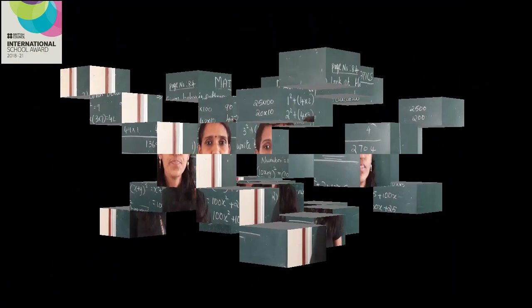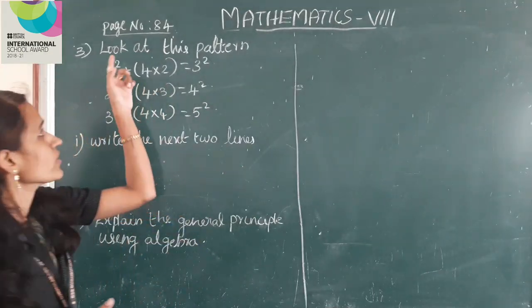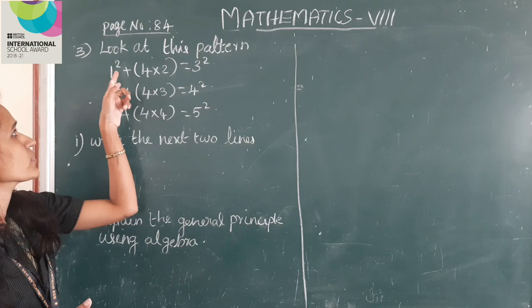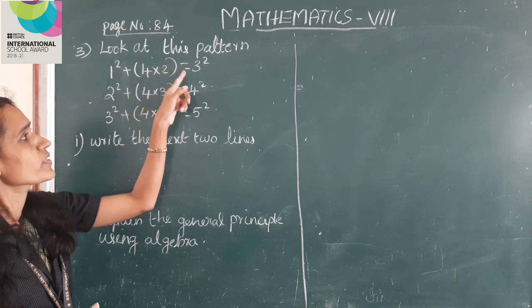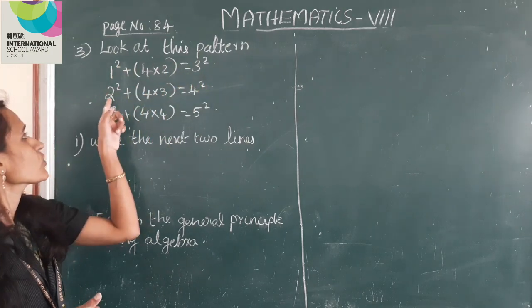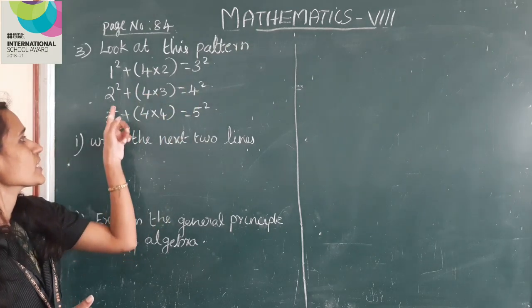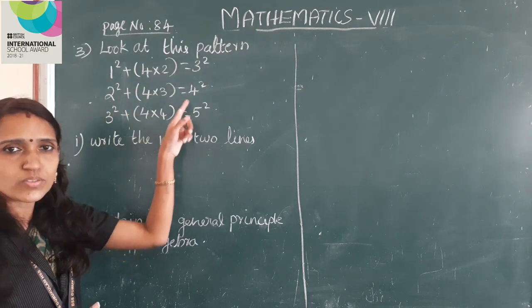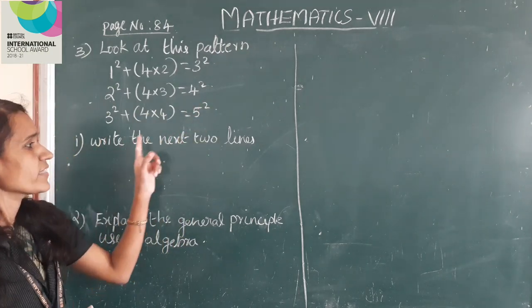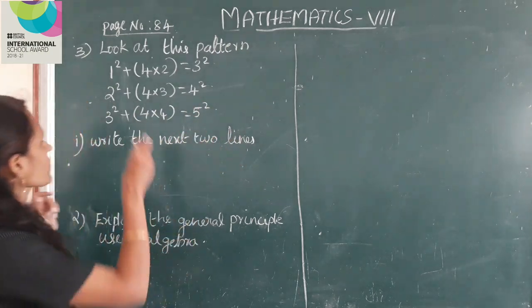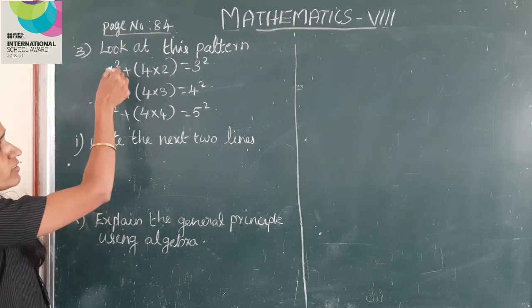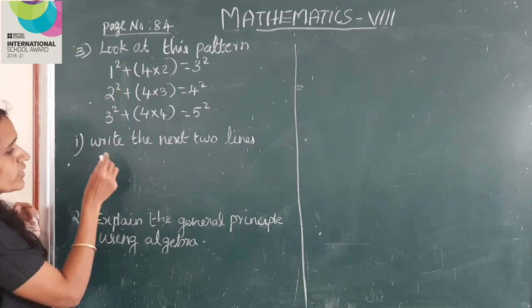Clear children? Next, look at this pattern. 1 square plus 4 into 2 is equal to 3 square. 2 square plus 4 into 3 is equal to 4 square. 3 square plus 4 into 4 is equal to 5 square. Write the next 2 lines. Here 1 square, 2 square, 3 square.